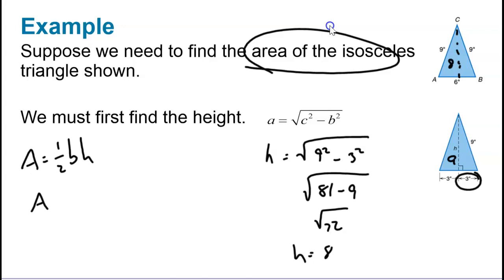So we'll substitute in our base of 3 times our height of 8 divided by 2, and so we have 24 divided by 2. Area equals 12, and in this case it is inches squared. Okay.